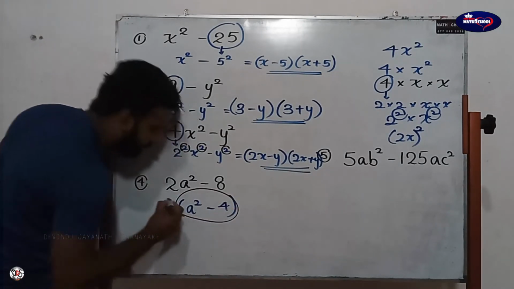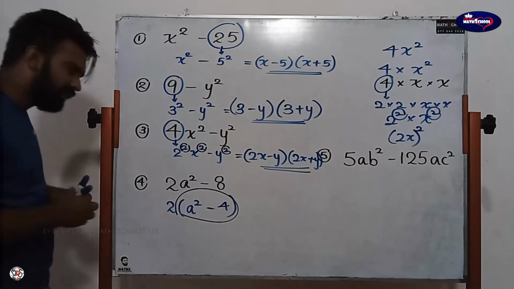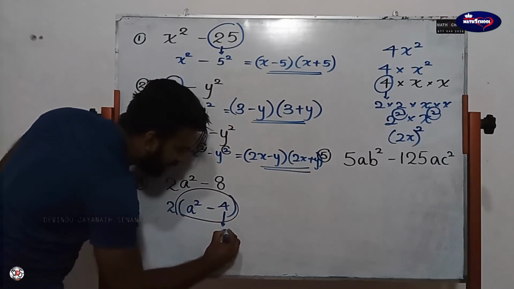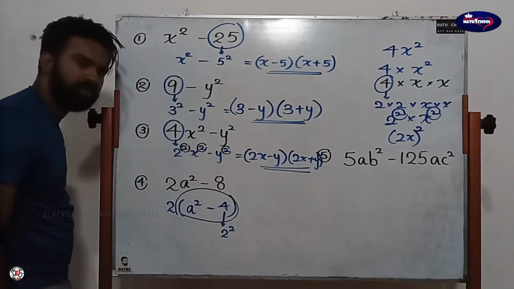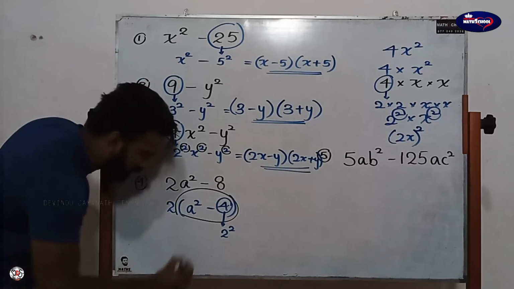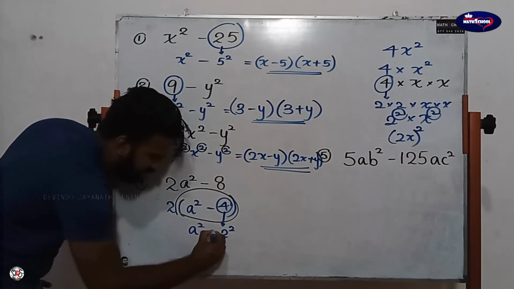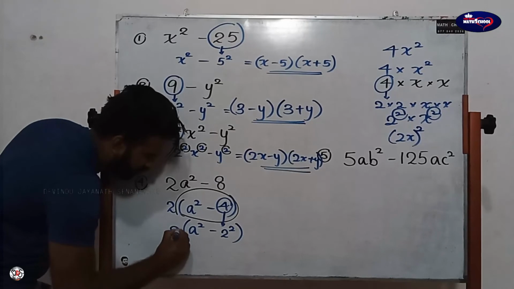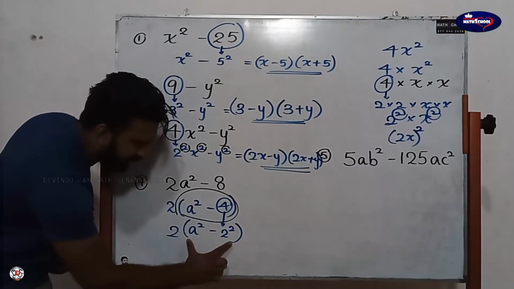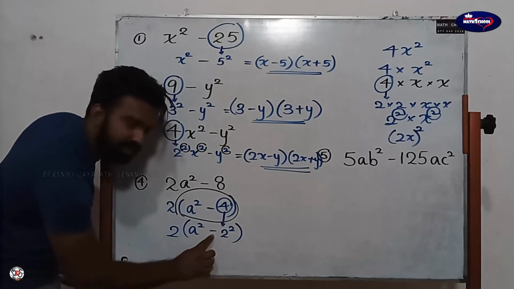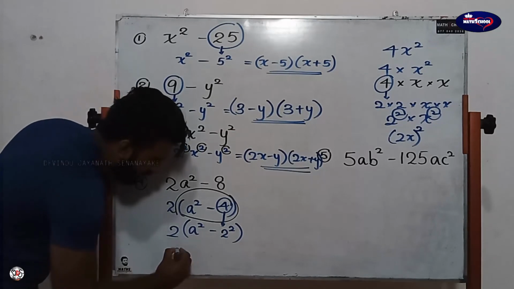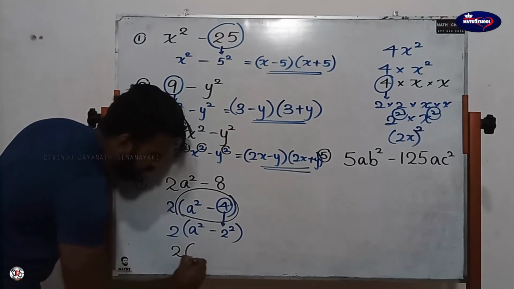This 4 we can write as 2 to the power 2. Here we have a squared minus 2 squared, so 2 into a squared minus 2 squared will come. Inside the bracket you have 2 squares and the difference of them, difference of two squares, so you will be able to write this as this one.